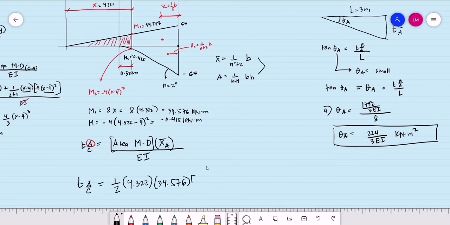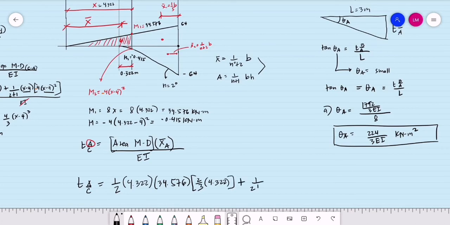And the distance of its centroid will be 2/3. Take note that the centroid should be with respect to point A this time. This is our bar x this time. So 2/3 of 4.322 meters. Then plus, for the spandrel, that is 1.